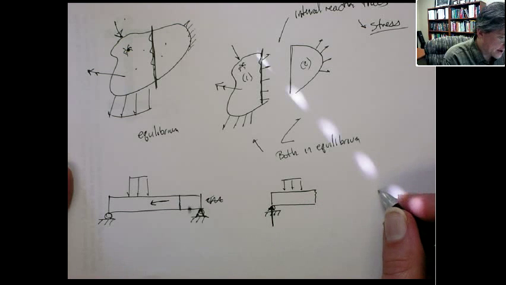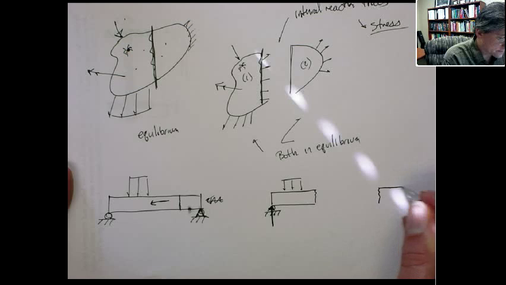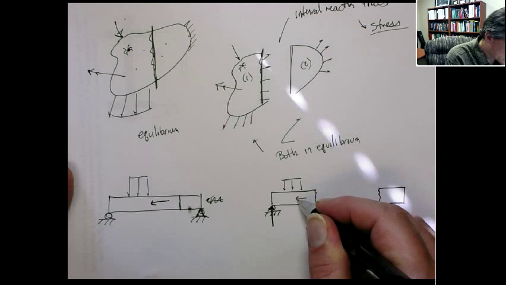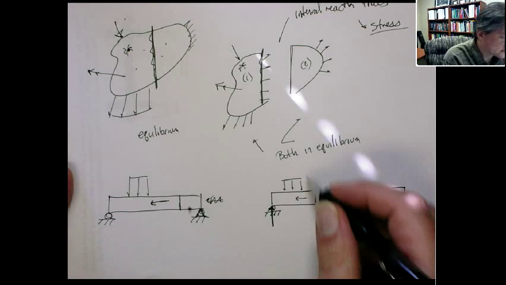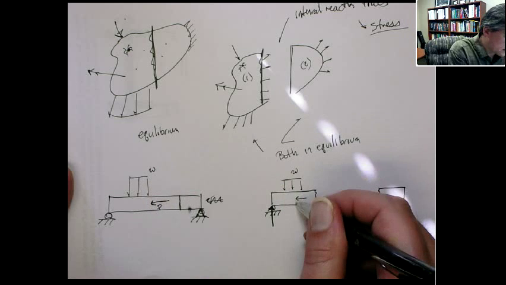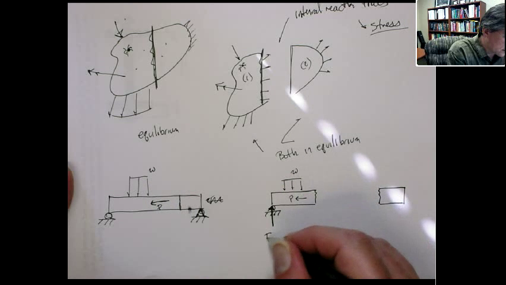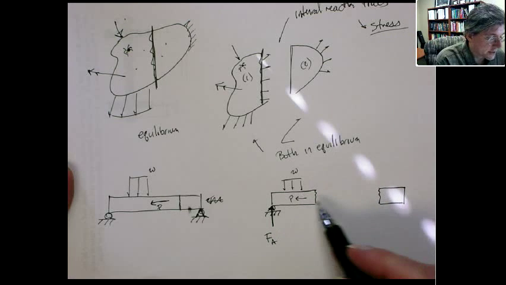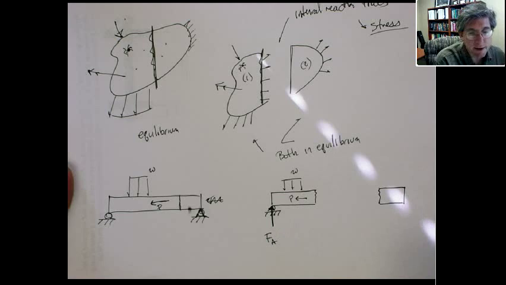Okay, and now on the other side, we have, what I have on this side also, the point force. You also have this point force that's applied on the beam.